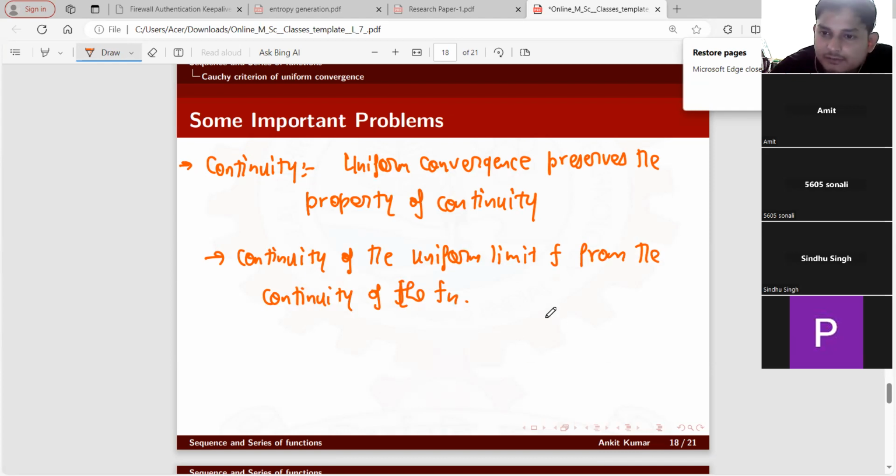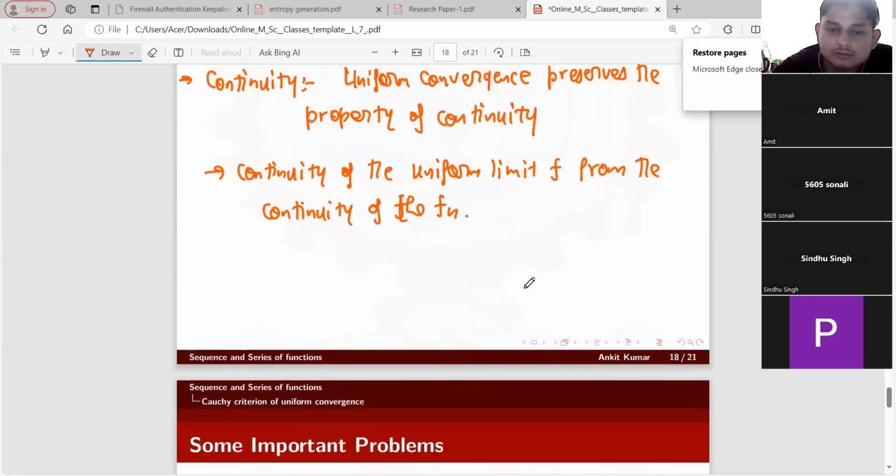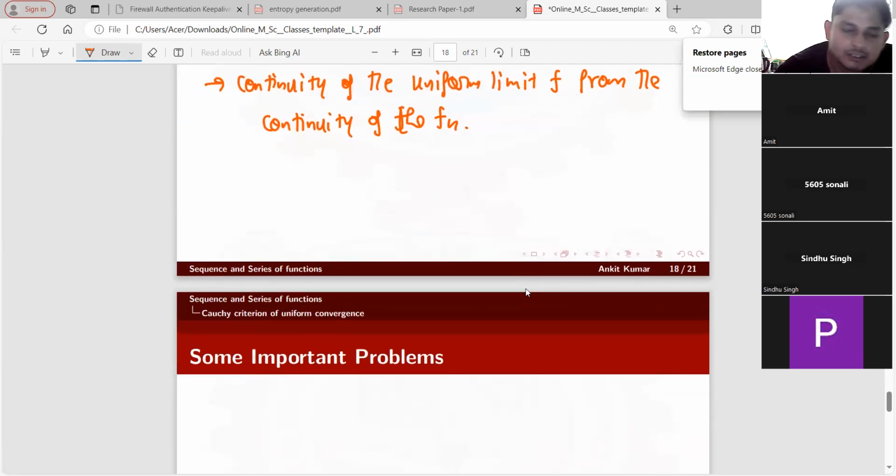So if f_n is continuous, then their uniform limit is also continuous. I hope this is a very important concept for all of you. And differentiability.